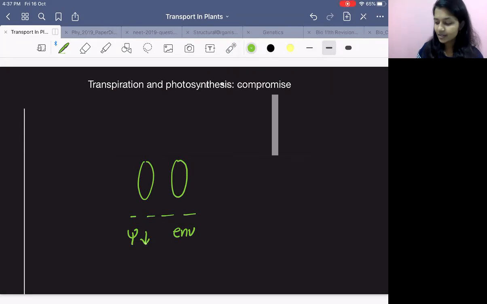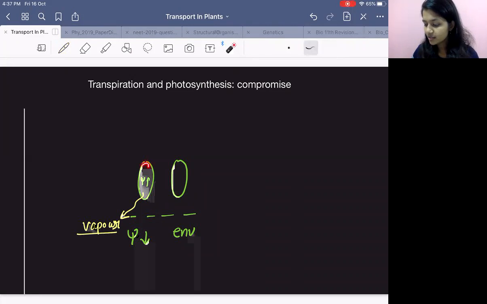So what will happen? Comparatively, the guard cell has high water potential. So from high to low, the water comes out, but it comes out in the form of vapor because the temperature is very high. Cool.